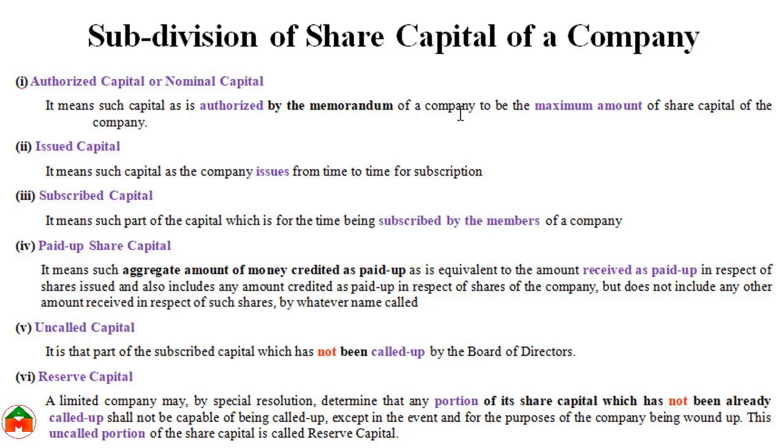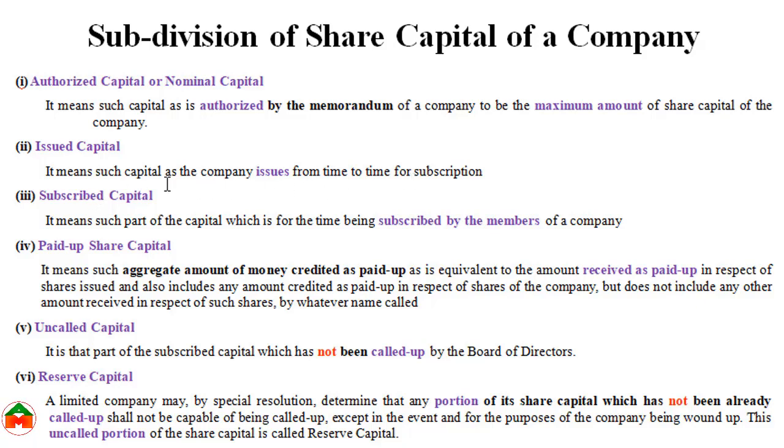That means this is the amount of capital for which you have taken permission from the Securities and Exchange Commission to raise the capital from the capital market. Out of this authorized capital, maybe you are issuing a part of the authorized capital. The issued capital indicates the part of capital that is issued to the public for subscription.